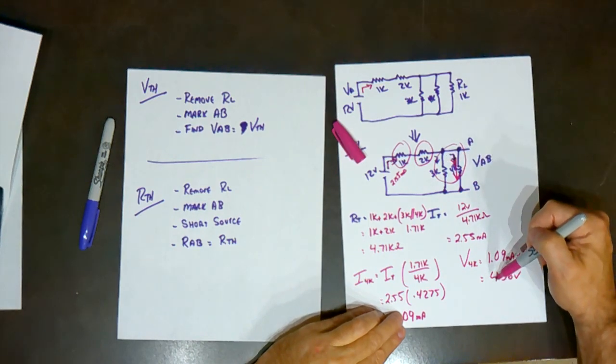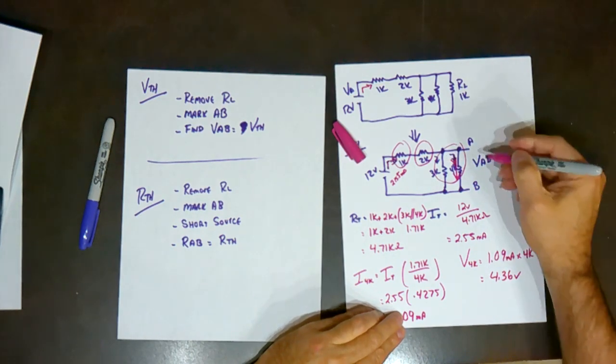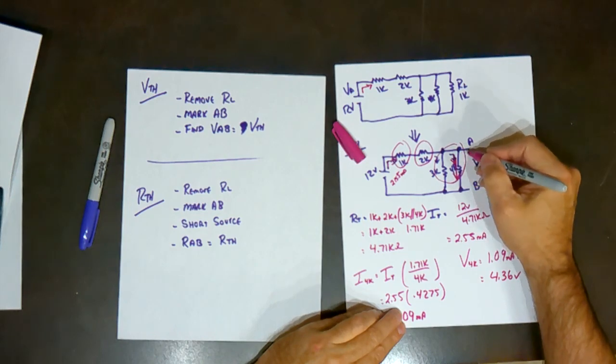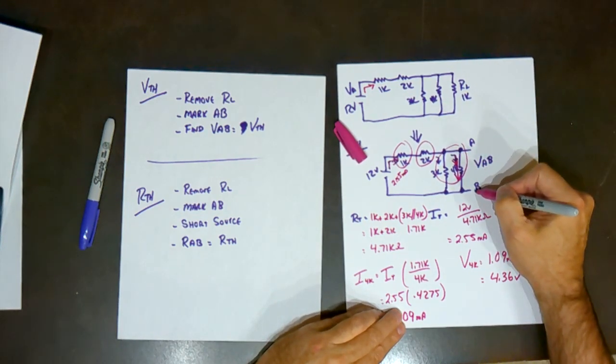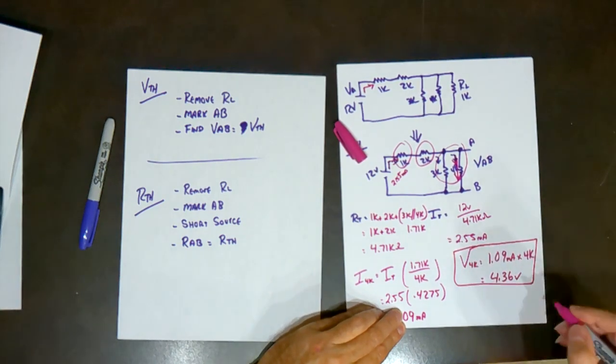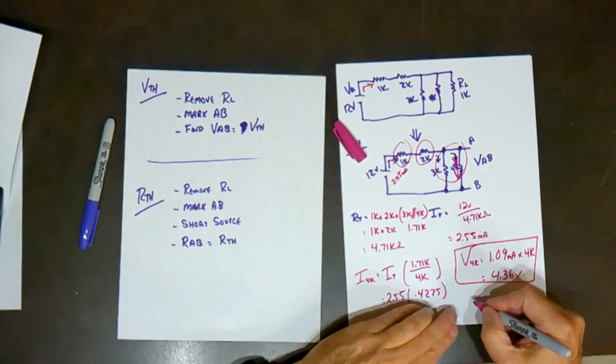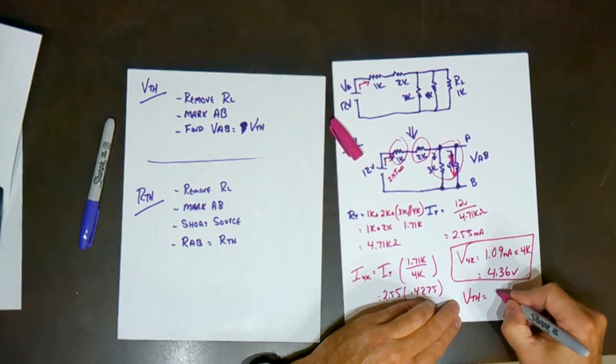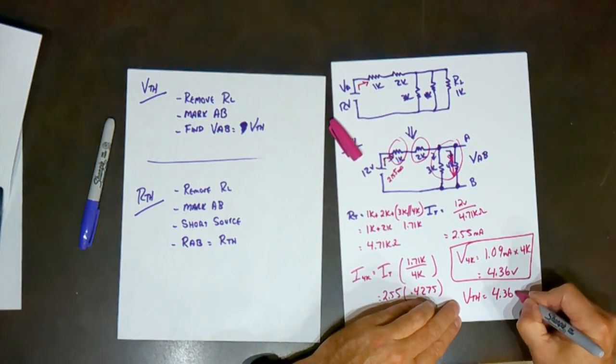So 4.36 volts is across that resistor, which is from A to B. So this is V Thevenin. So V Thevenin, in this case, is 4.36 volts.